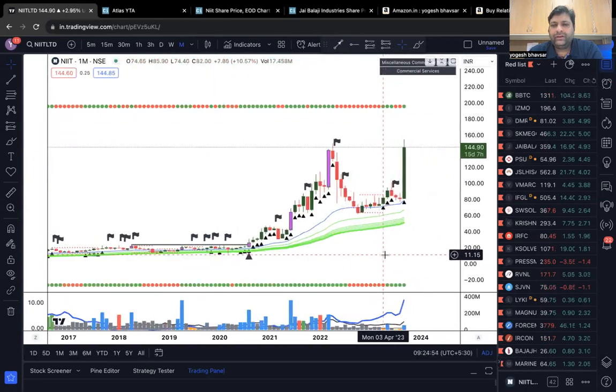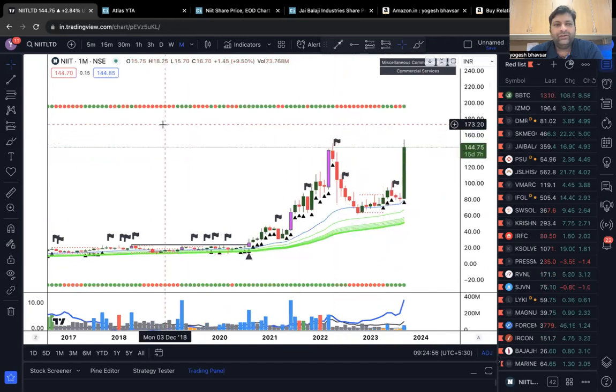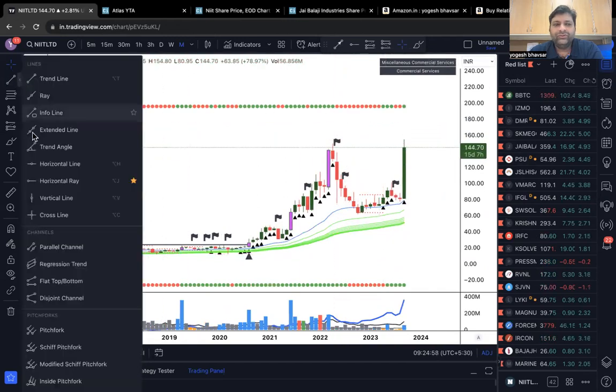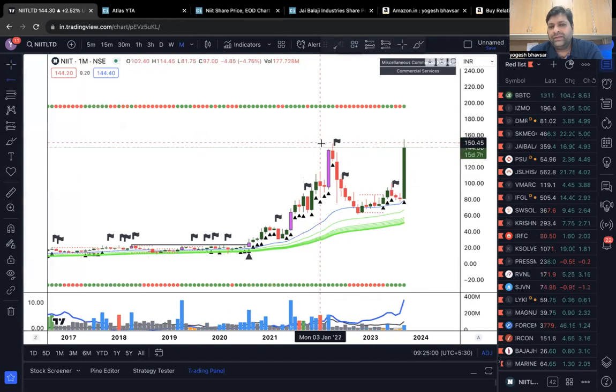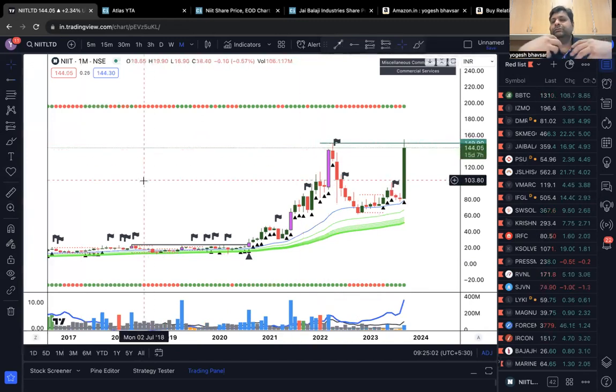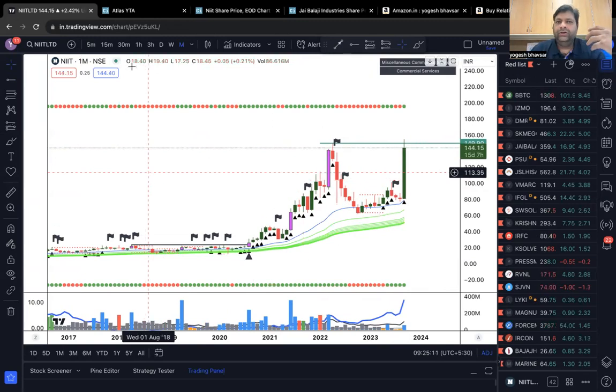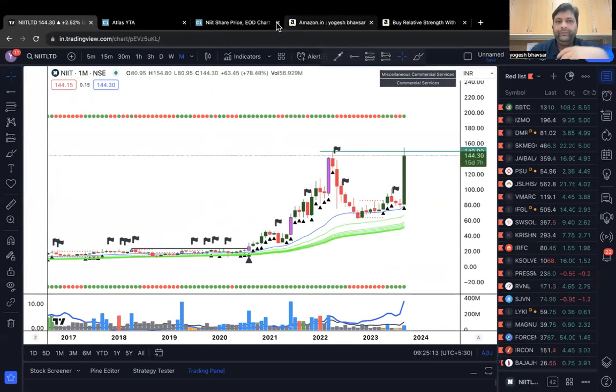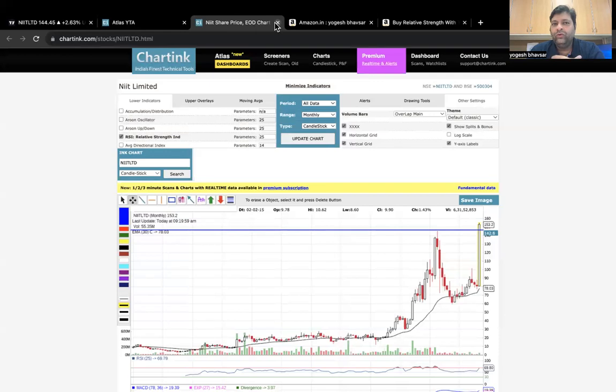If I see a red flag over here, it tells me that there is a huge selling pressure in this area. So my strategy will come into play, and whatever it is, that's a secondary thing, but that's how I filter my stocks.